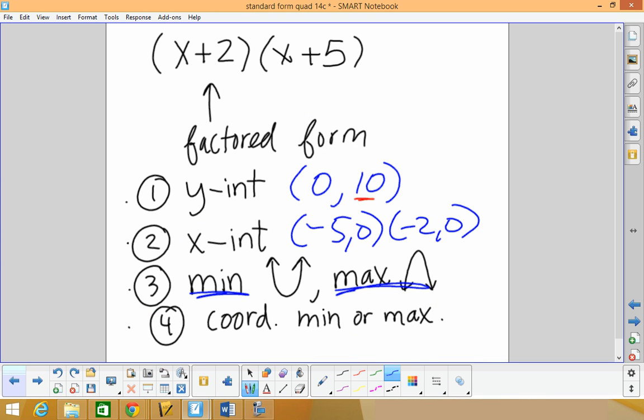So if it is a positive number where the a value is, then it's going to be a parabola that looks like this. And that has a minimum value. And it will be maximum if the a value is a negative number. And that parabola looks like this. And it's got a maximum up here.